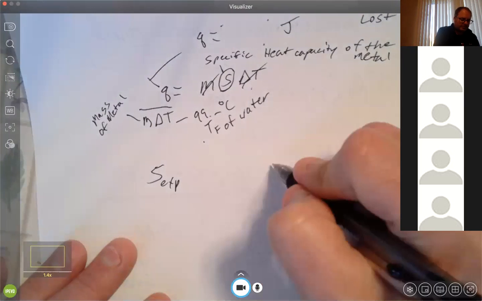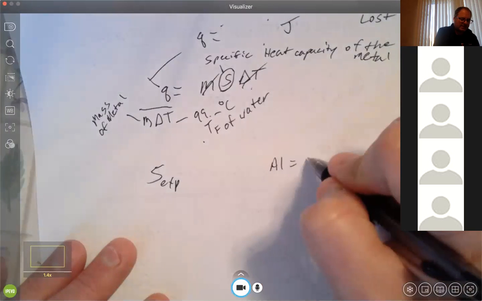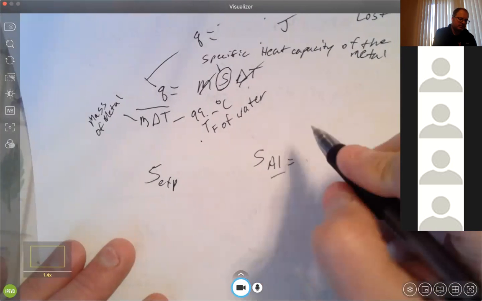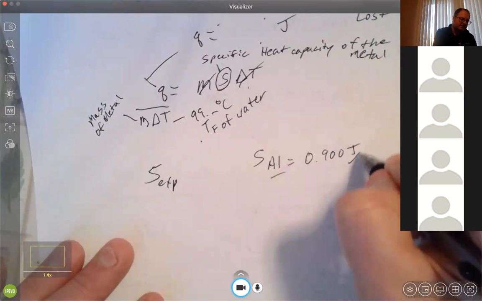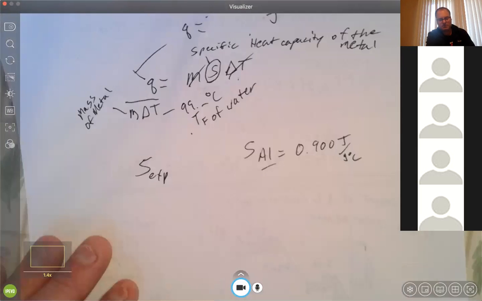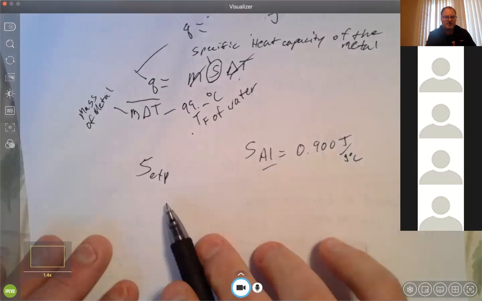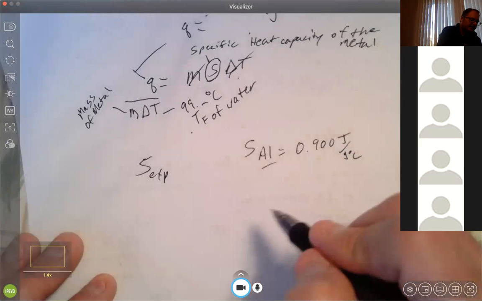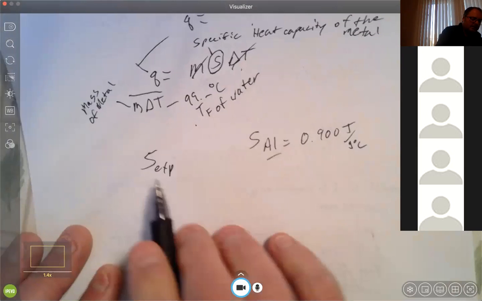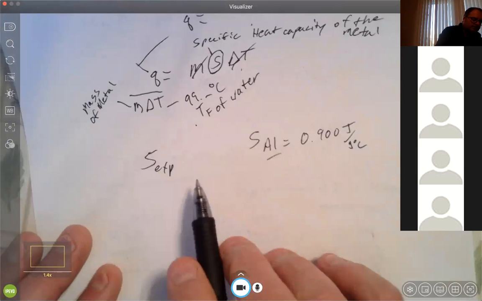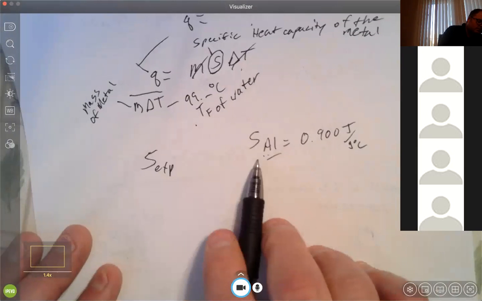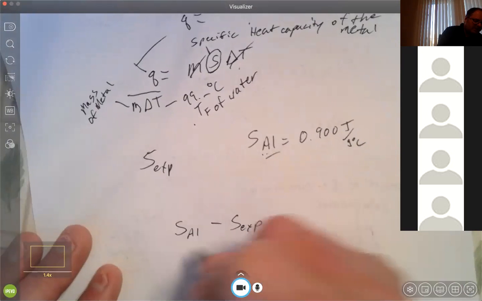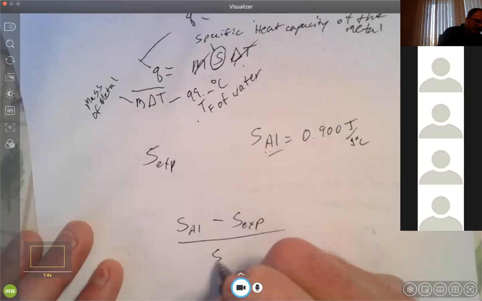Well, aluminum, the theoretical s of aluminum is equal to 0.900 joules per gram degree Celsius. To find what we call the experimental error, you take the theoretical minus the experimental, and you divide that by the theoretical.